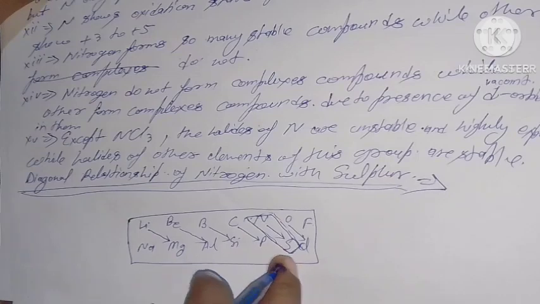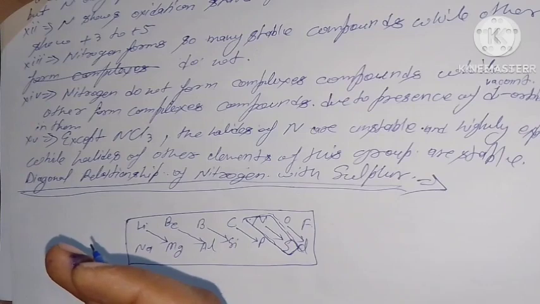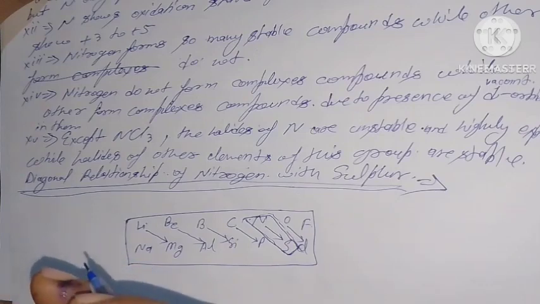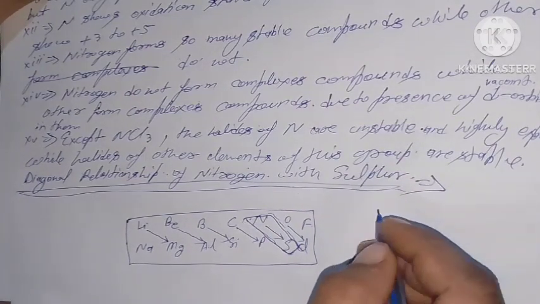Nitrogen shows diagonal relationship with sulfur, which is a member of group 16. These are the main similarities between both elements. First, nitrogen and sulfur both are non-metals.